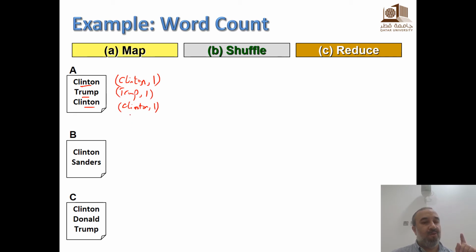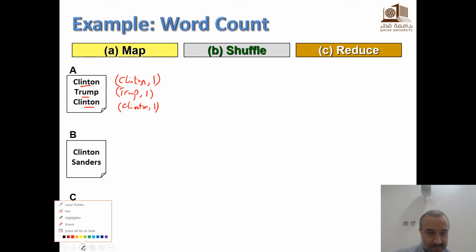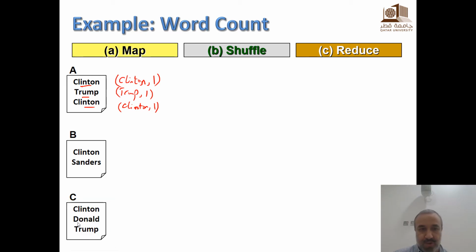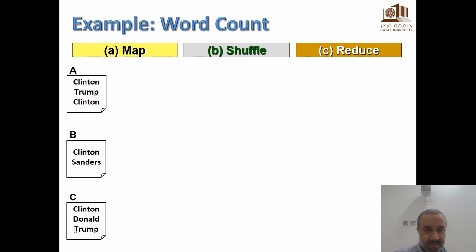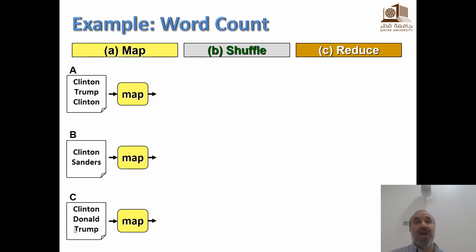Now, why is that useful? Because remember, what happens in the shuffling? The shuffling will combine all of the intermediate output. So let me erase this and show you what will happen with the map function.